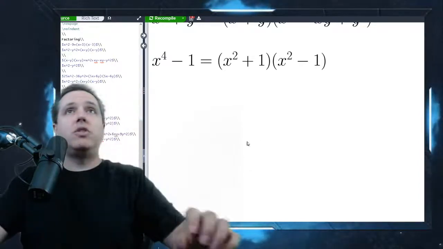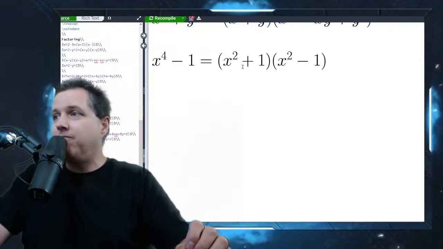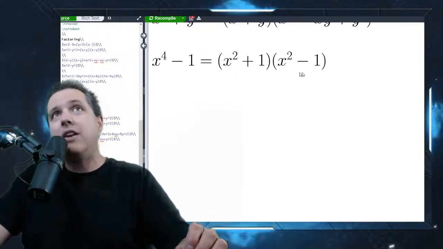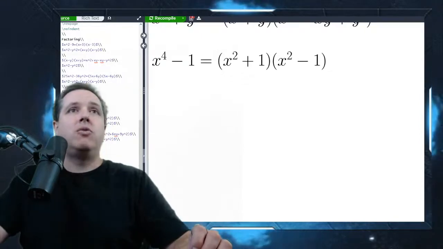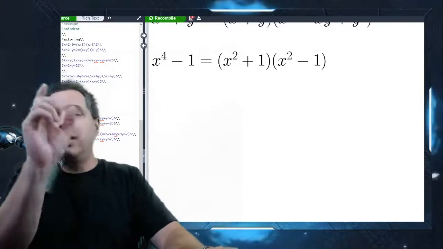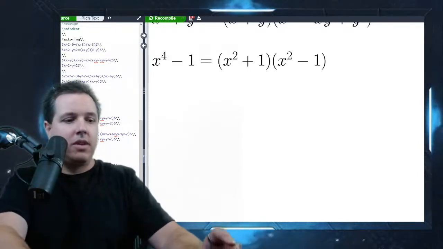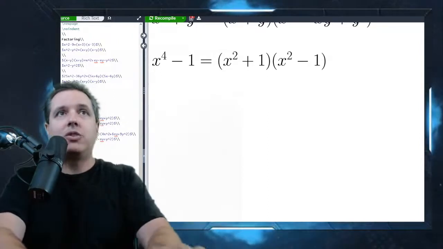So what you would do is you just factor it again. Now, x squared plus 1, that's a sum of squares. There's no way to factor that. But this difference of squares we can factor, right? So then your next line would be you leave that first factor the same, x squared plus 1, and then how would you factor x squared minus 1?